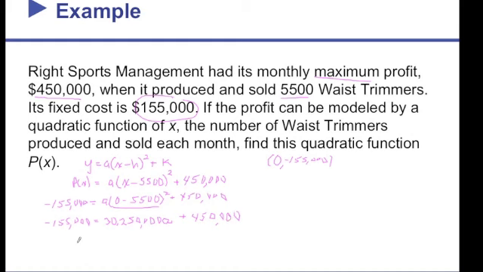Adding that 450,000 to both sides, I will have negative 605,000 equals 30,250,000 times a. So when I divide by the 30 million, I find out that a will equal negative 0.02.